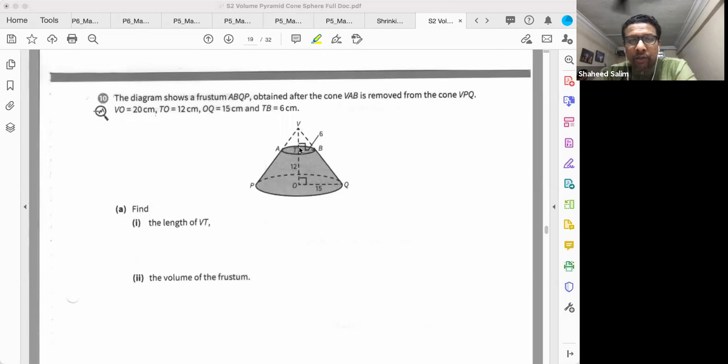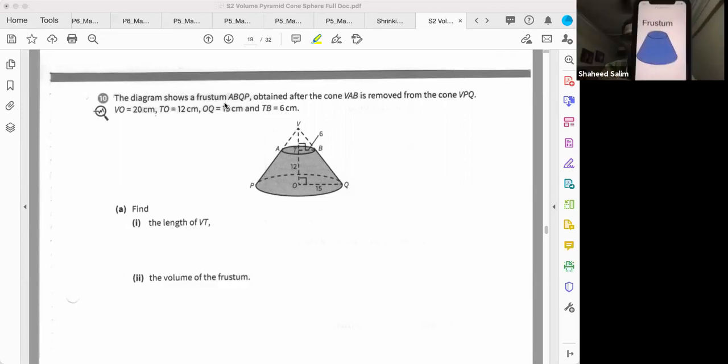A, B. So this bottom part is called the frustum. Frustum. Sounds like what is it? Is it a shape? Okay, as you can see now, this is a frustum.